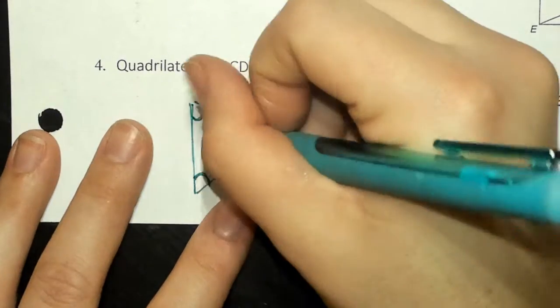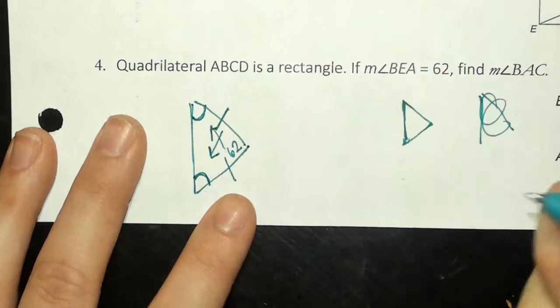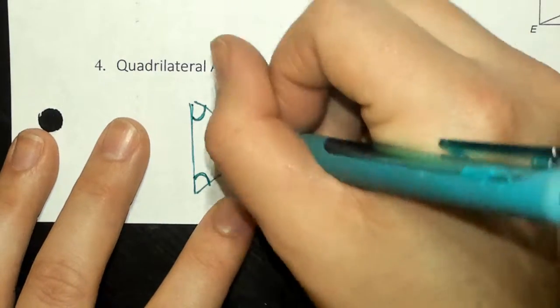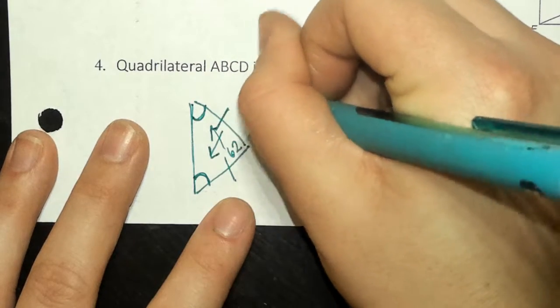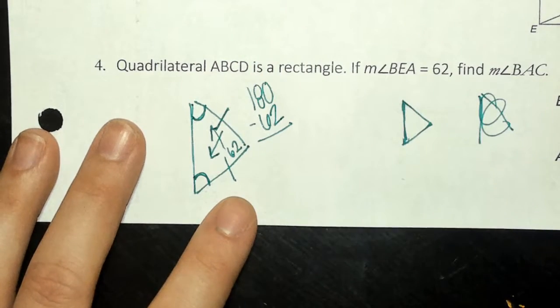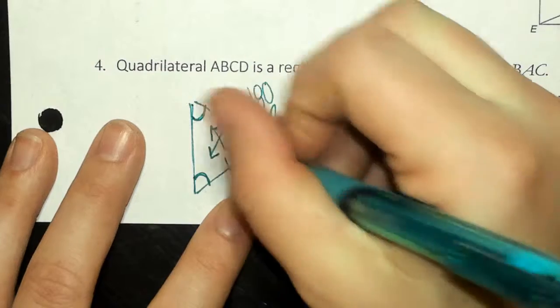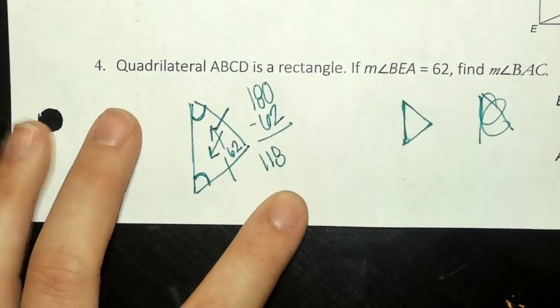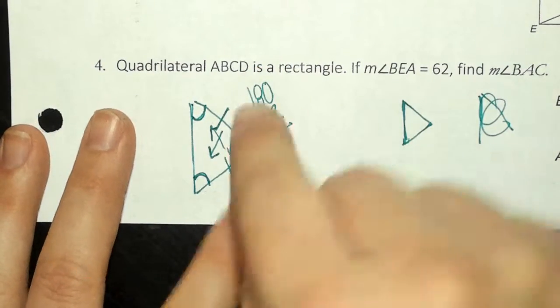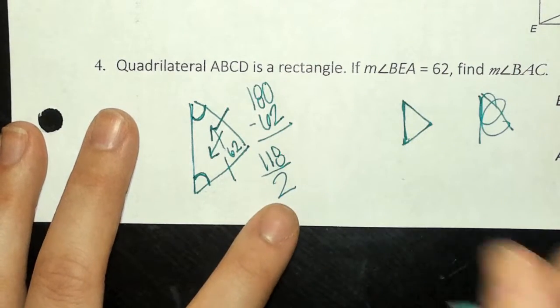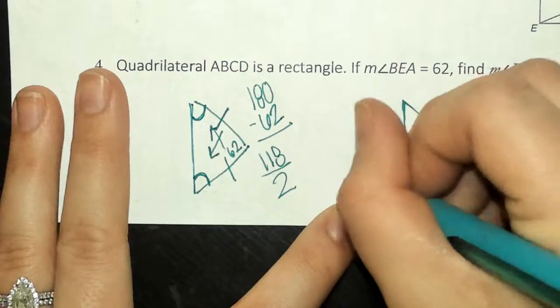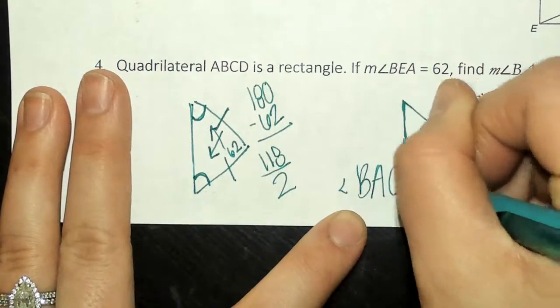So in this case, I know that this is 62. Well, how many degrees is a triangle equal? And I know 62 of those degrees are taken, so 180 minus 62 tells me I have 118 degrees left. But I have to split that how many ways? 2. So the measure of angle BAC is what?